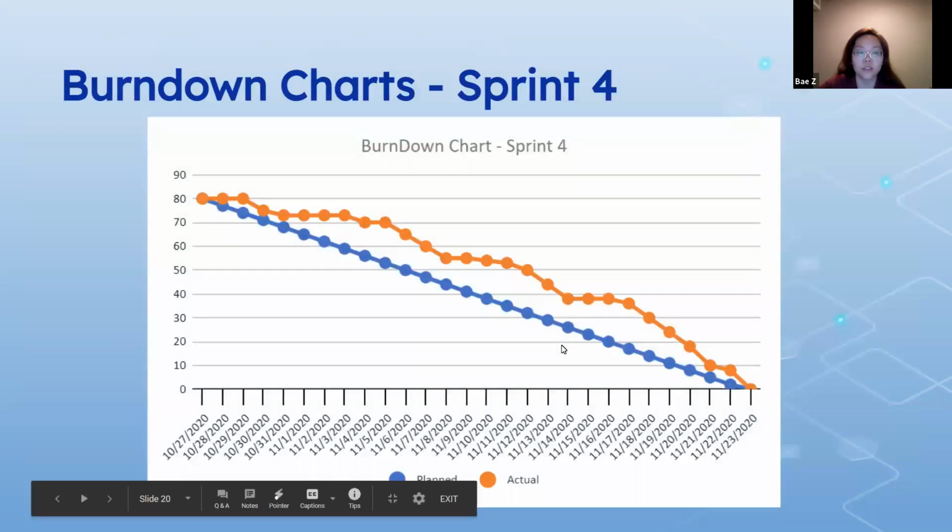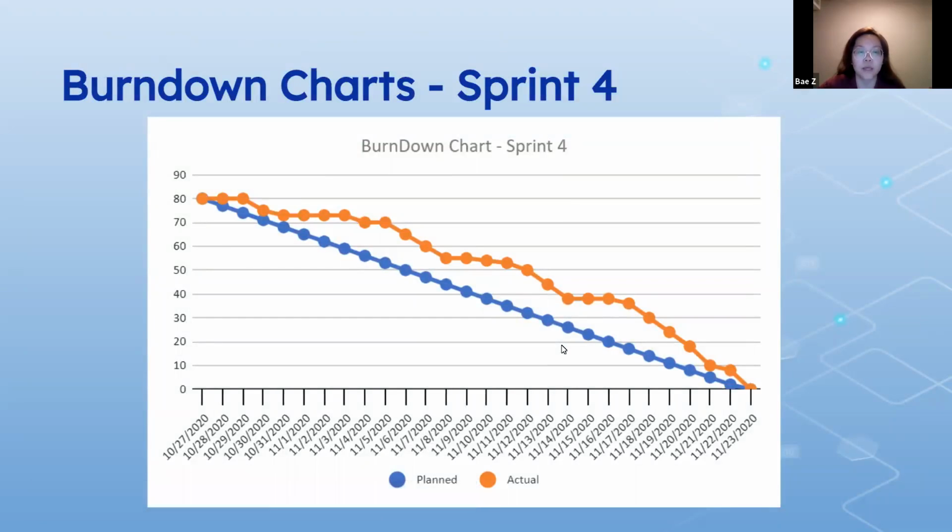You can see from the burn down chart, we have made a little improvement here. We start to spend weekends to work on the project, and our actual working hour is very close to our planned working hour.